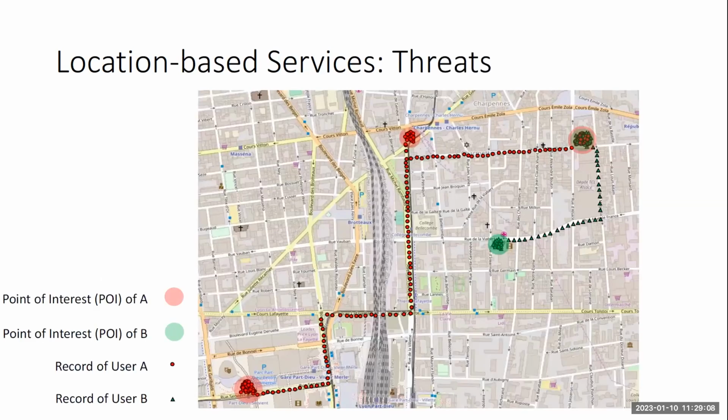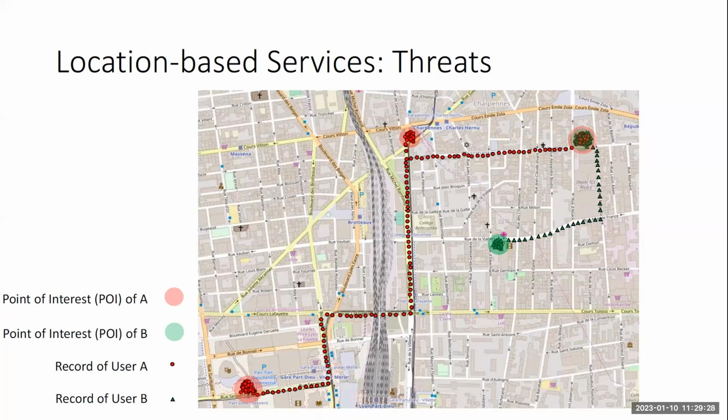And again, releasing location data opens a number of threats. If you look at these two mobility traces, we can, just by looking at them, infer that there are places that are important for the user, meaning places where the user stops for a given amount of time.